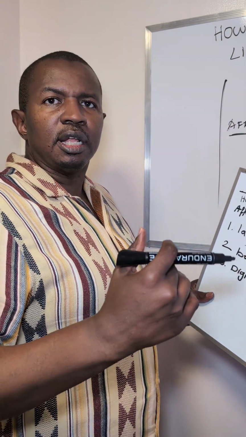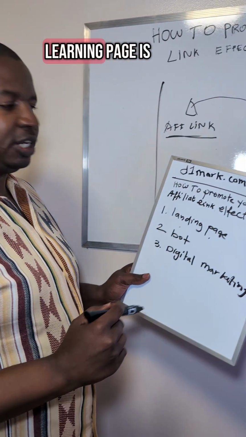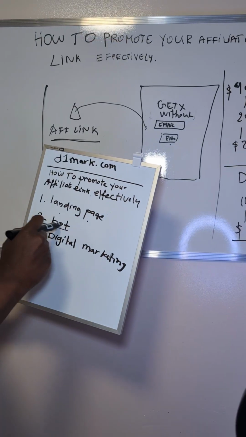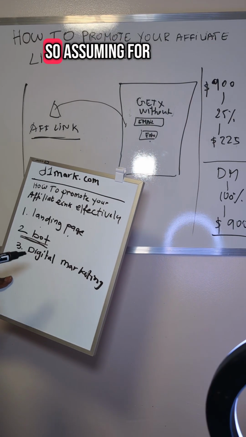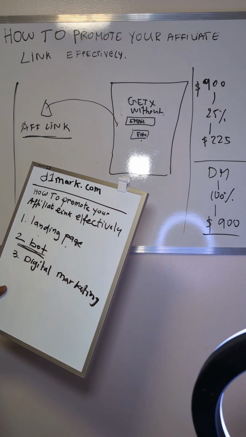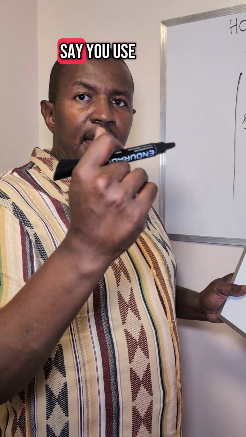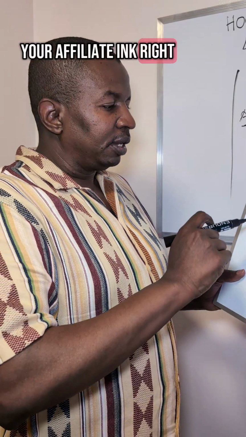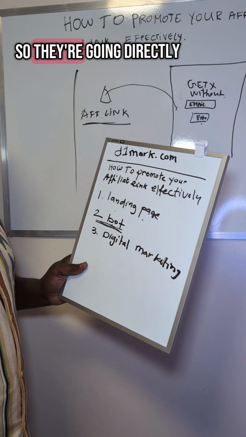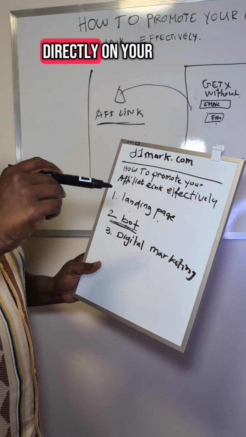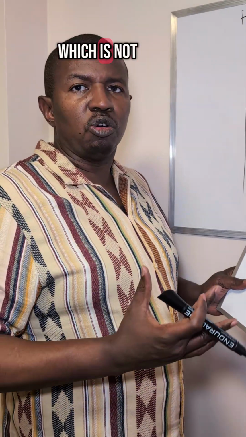And also, the second advantage of using a landing page is that we want to avoid bot clicks. So assuming, for example, that you use your affiliate link without a landing page, if it's a bot, they're going directly to your affiliate link, which is not good, right?